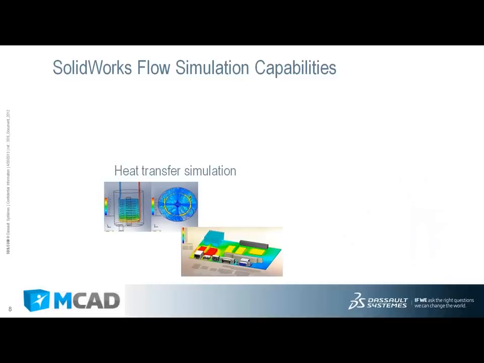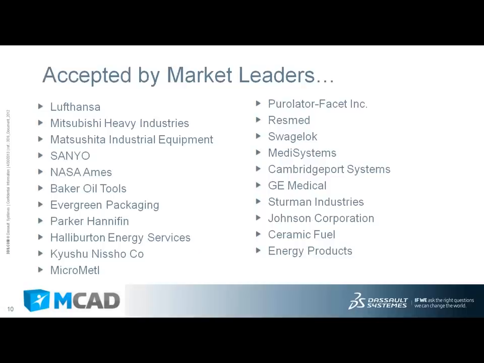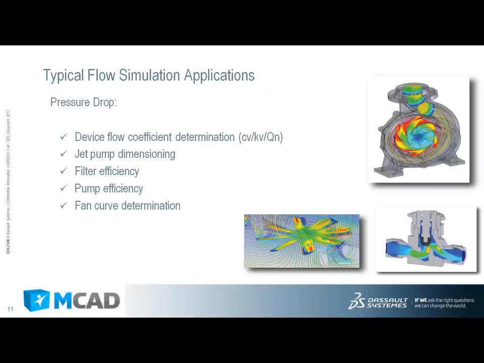And as I mentioned earlier, we can involve heat transfer, the full conjugate heat transfer with conduction, convection, and radiation from both the ambient environment as well as solar radiation. We do like to brag on the use of the product with various industries and various market leaders, and here's just a short list of some of the main ones that are making use of the Flow Simulation product.